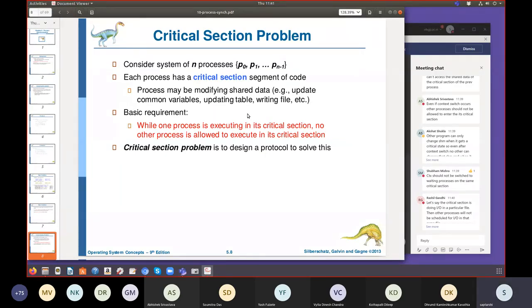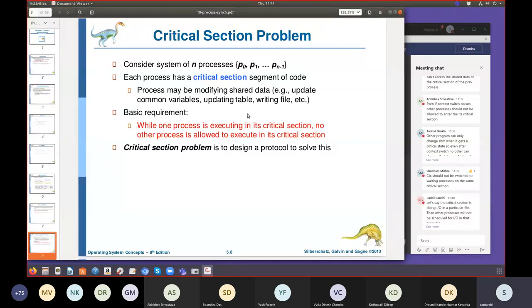So basically, PI will have to give some indication that I am starting my critical section. And then even if it was swapped out and PJ is allocated the CPU, PJ should check whether PI was in its critical section. If yes, it should not try to access those shared variables, etc.